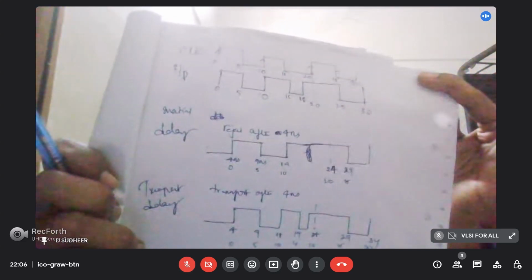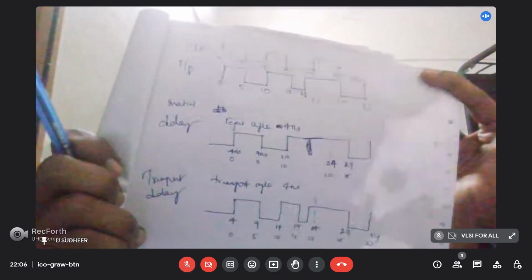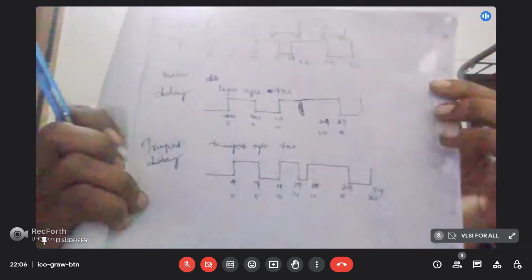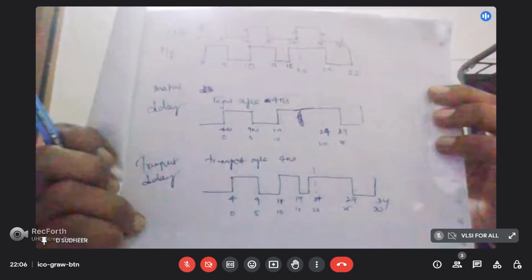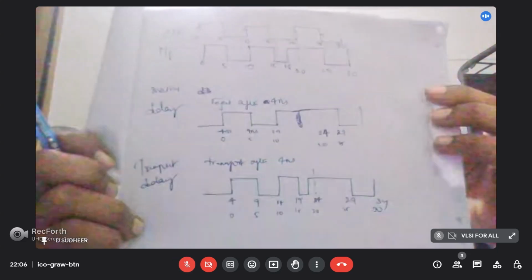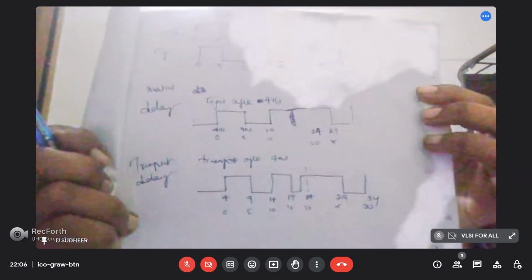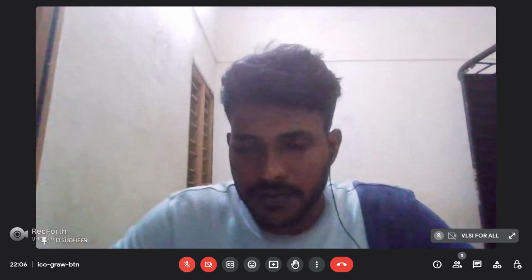It means it should reject the pulse. The input at 15 nanoseconds will only continue up to 20 nanoseconds. Whereas in transport delay, it will propagate the same waveform as the input, with a 4 nanosecond input delay.